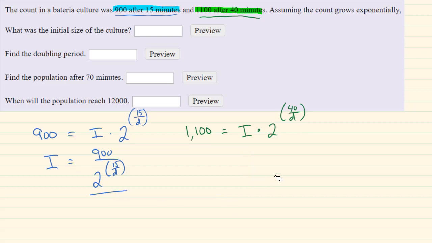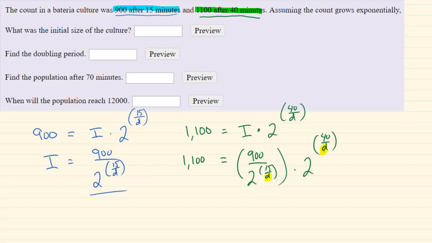So our green equation will become 1,100 equals 900 divided by 2 to the power of 15 over d times 2 to the power of 40 divided by d.